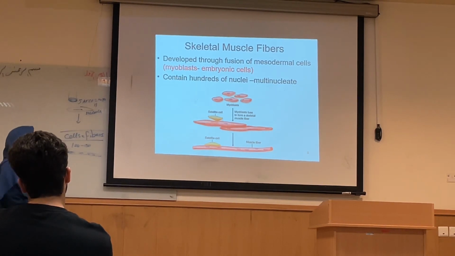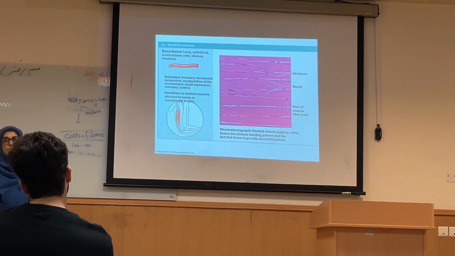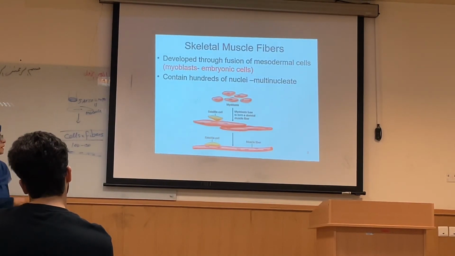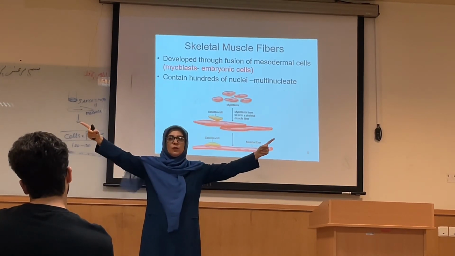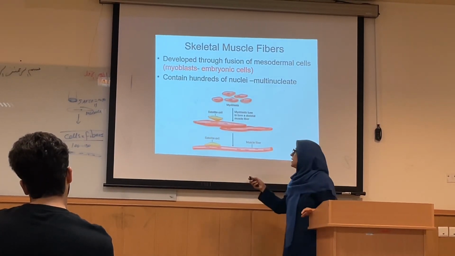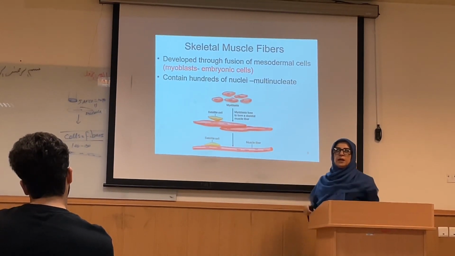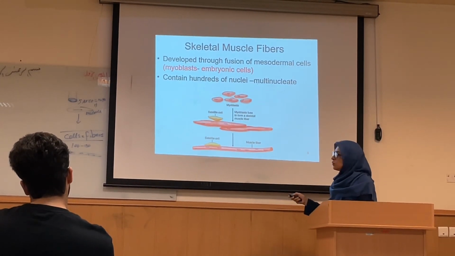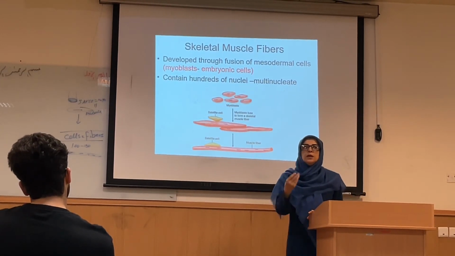Thus, we say that the skeletal muscle cells are long, cylindrical, multinucleated cells because of the fusion of the myoblasts. Because they differentiate from lots of cells, they have lots of nuclei. The nuclei are mostly flat and located under the sarcolemma.